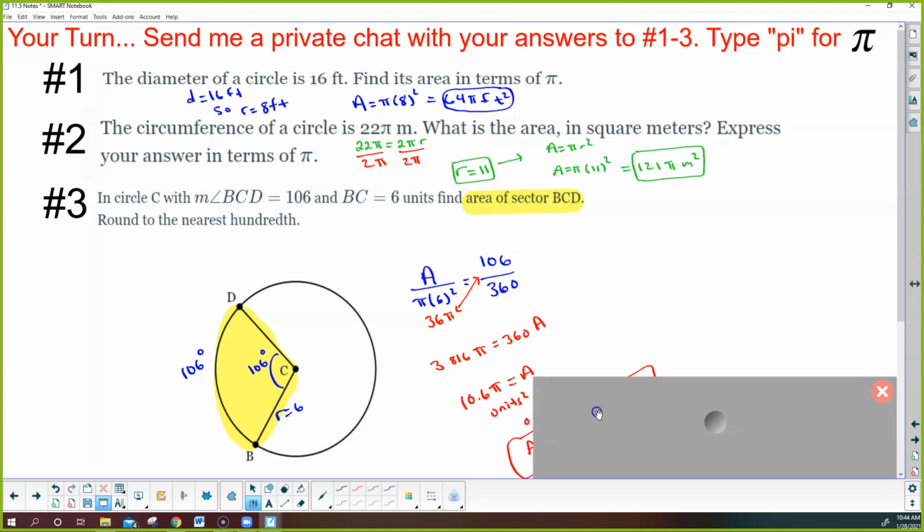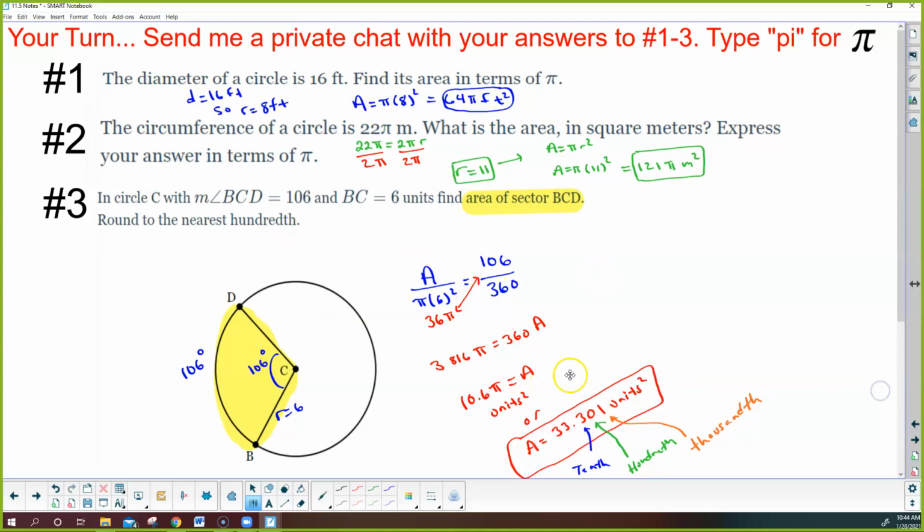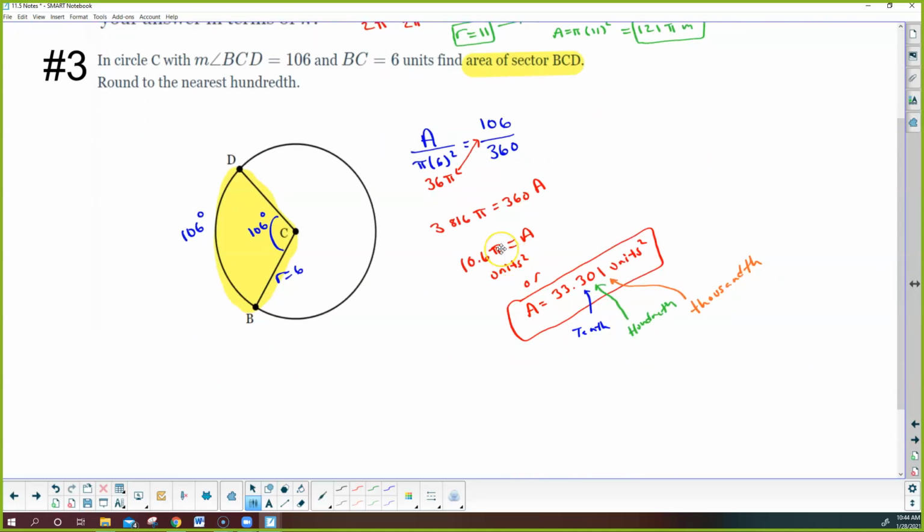And then I actually read the directions, so I got 10.6 pi is the area of this sector, but it said round to the nearest hundredth. So on Delta Math, you're going to have to do that, and you got to be careful. Use the pi button and then round to the nearest hundredth. So in this case, it's the second decimal. So your answer should have been 33.30. If you round to 3 decimal spots, that's the thousandth place.